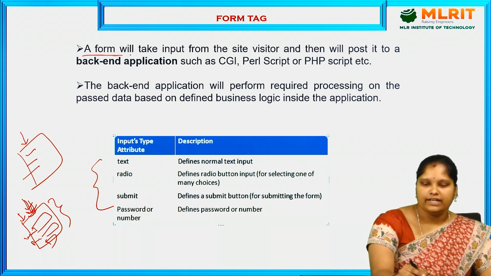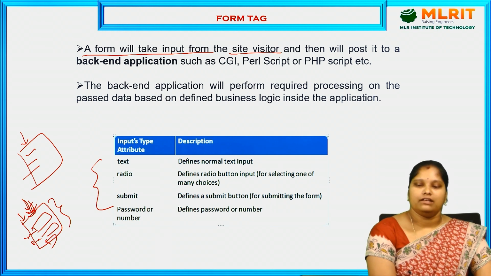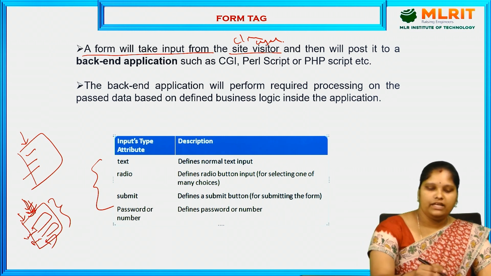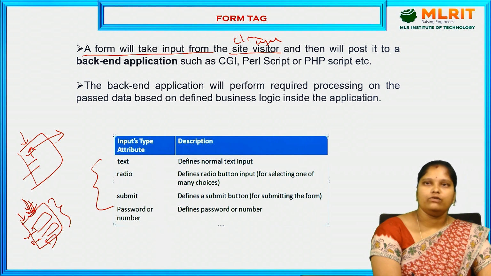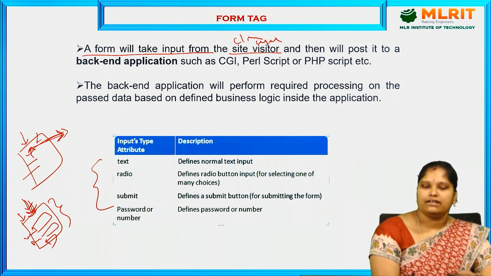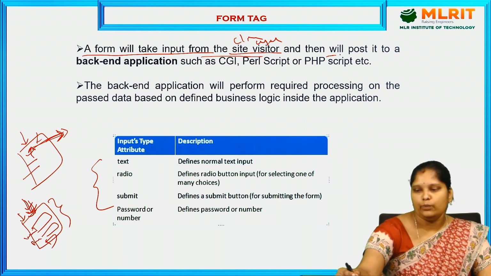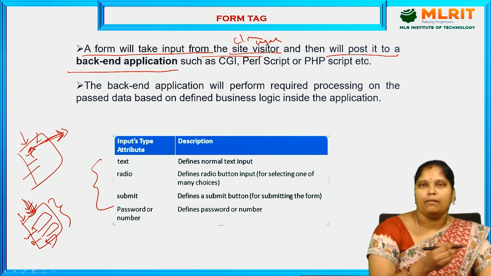A form will take input from the site visitor, or from the client or the users. By giving the input only, it is connected to the server, or our information is saved from the backend side. A form will take input from the users and then post it to a backend application.